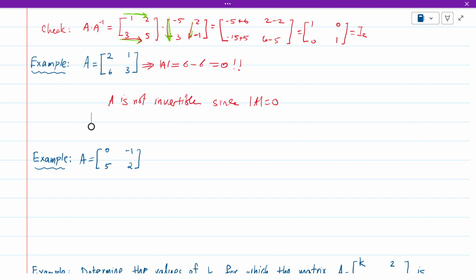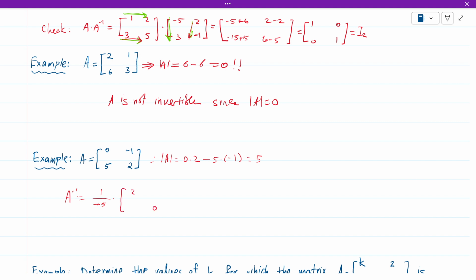The next example is this matrix A. First, again, we need to find the determinant, which is positive 5. The reason is 0 times 2 minus 5 times negative 1, and that will be 5. Now the inverse will be 1 over the determinant times the adjugate.